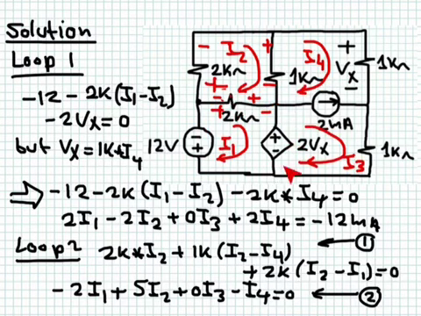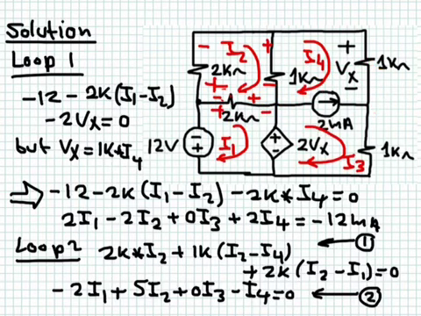This will give you minus 2Vx because I'm going in the clockwise direction. Every time you see a dependent parameter, you have to get rid of it from the equations and write it in terms of the quantities you are solving for. You are solving here for I4, and here Vx is nothing but I4 multiplied by 1K, because this branch is only related to the 4th loop.